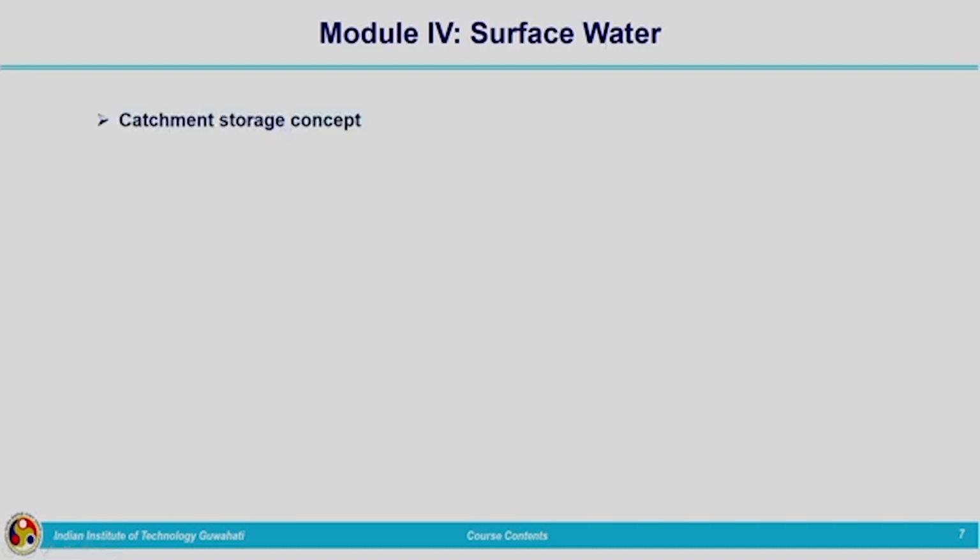Under surface water, we will start with the catchment storage concept. Whenever we are experiencing rainfall, some of the water will be utilized for satisfying different storage components. For example, if you have a pond or a depression present on the ground surface, first that will be filled, then the flow will take place, right.